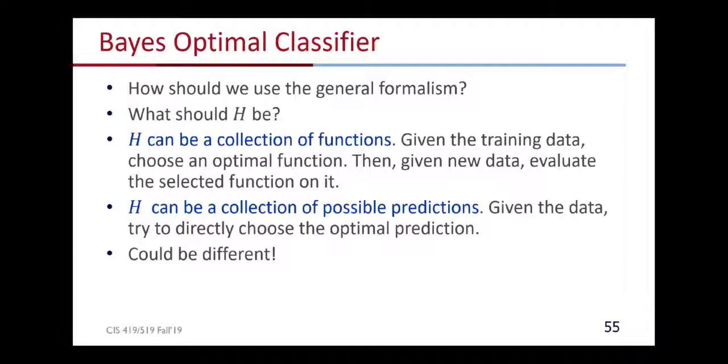Now, in fact, H can be many things. We already saw an example. It could be a class of functions. It could be a collection of parameters. It could be a collection of predictions. And you can be Bayesian with respect to each one of them. The issue is that what you're being Bayesian with respect to actually could make a difference.